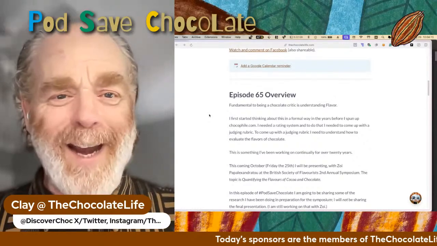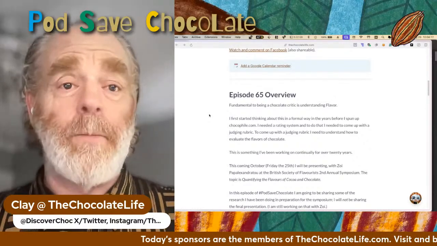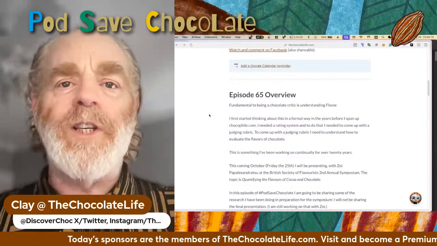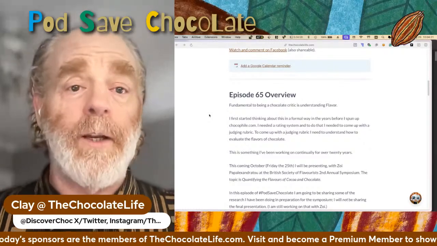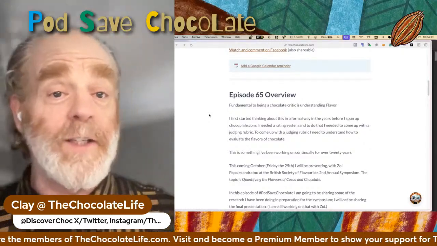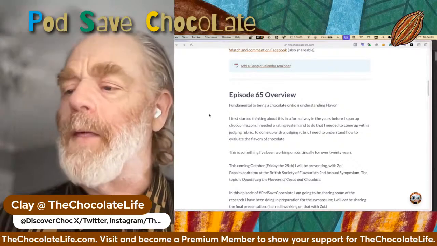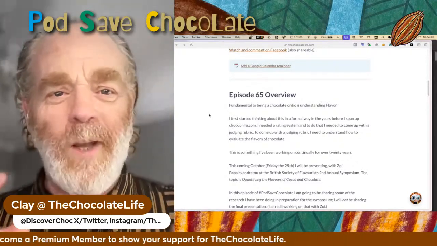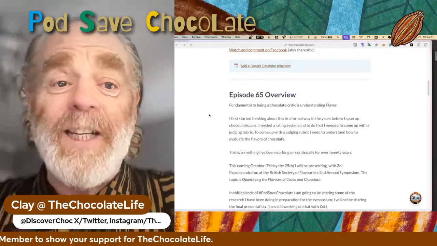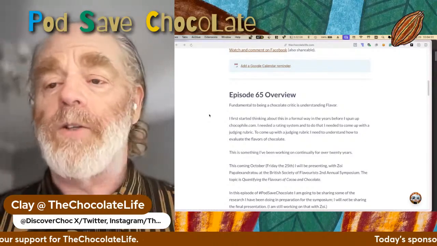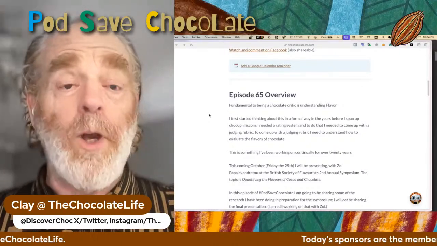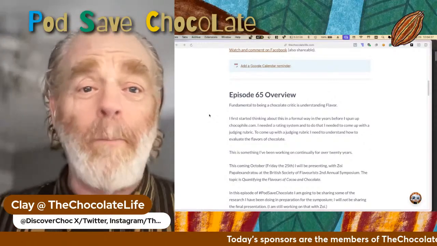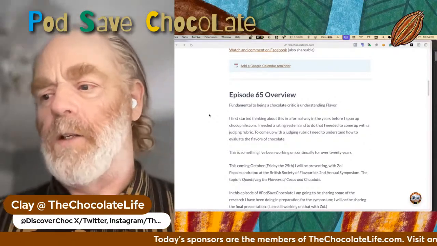And before I could do that, I needed to have a rating system, a rubric for saying, this is how I am going to taste chocolate, and this is how I'm going to score the chocolate that I give. Even though I did come up with a solution back in 2001, it is something that I have been looking at continually for more than the last 20 years.